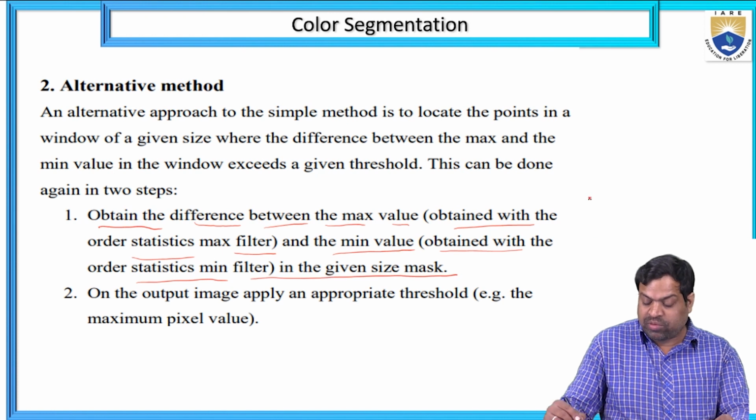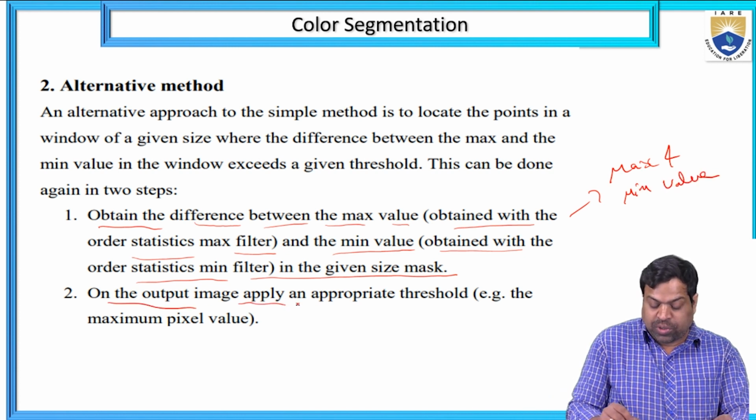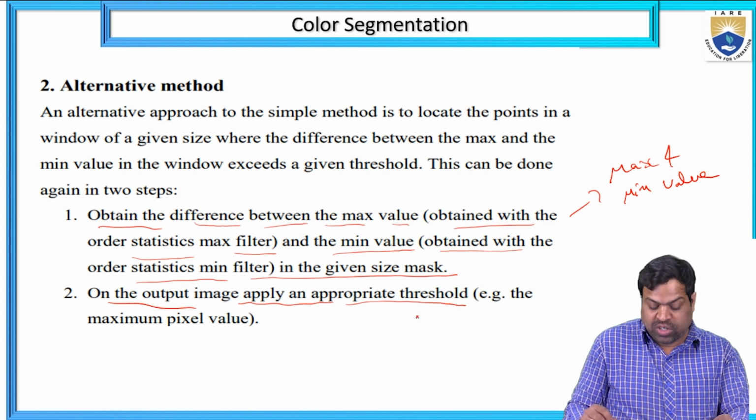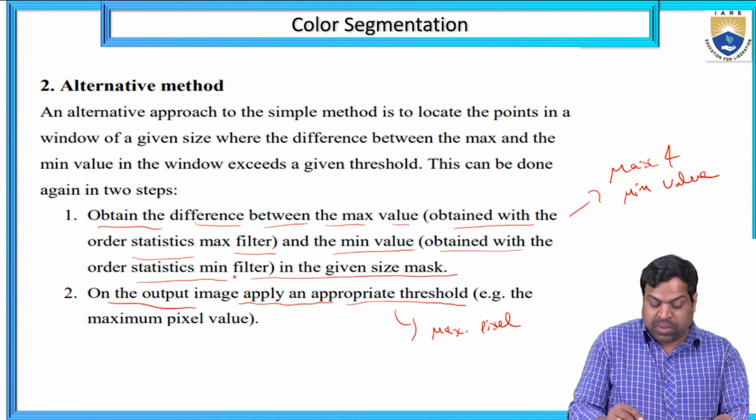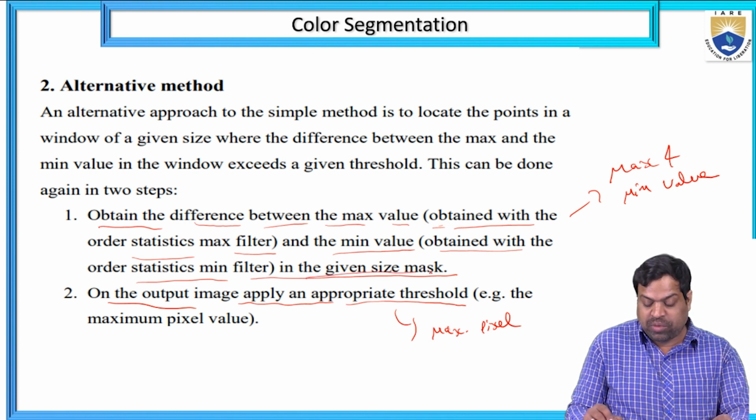So maximum and minimum value, then the output of the image applying an appropriate threshold with the maximum pixel value. Here, applying the difference between the maximum value obtained with the order statistic and the minimum value obtained with the order statistics.